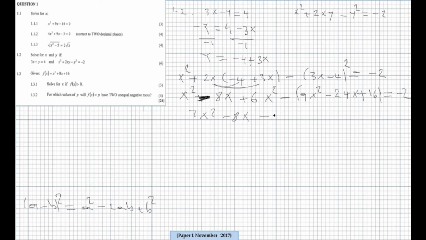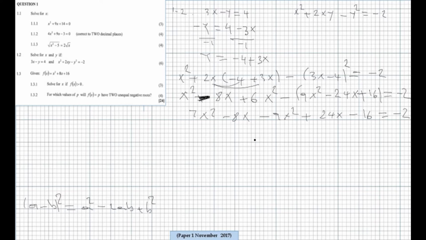So we have negative 9x squared. These two signs give a positive, so we have positive 24x, and then we have negative 16 is equal to negative 2.